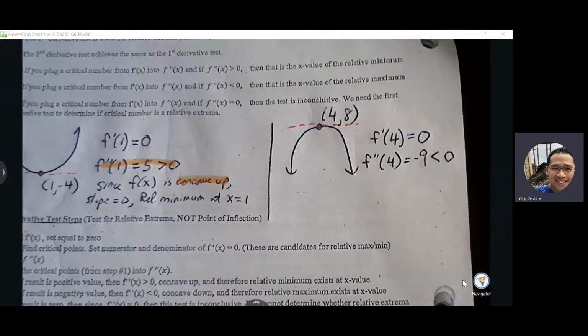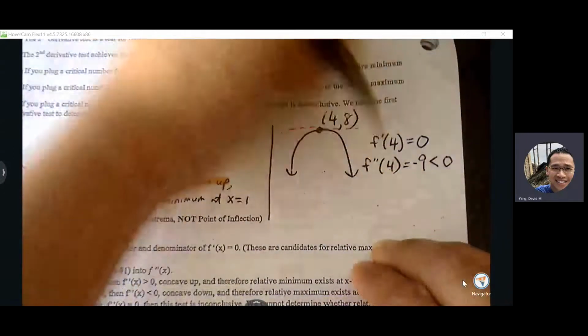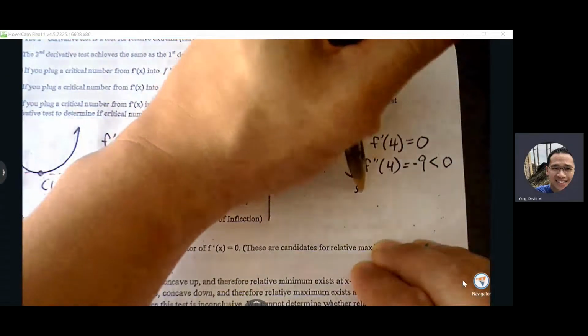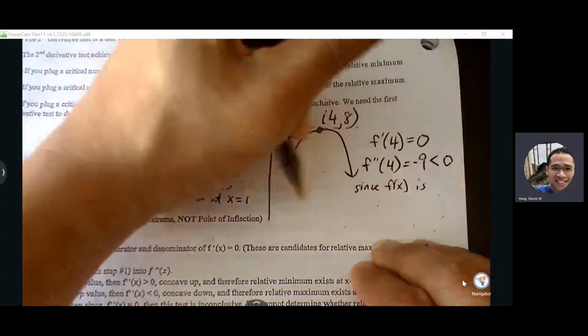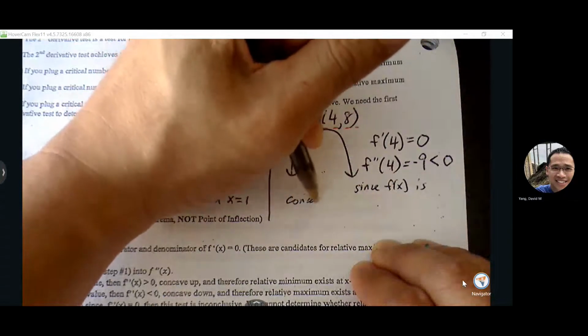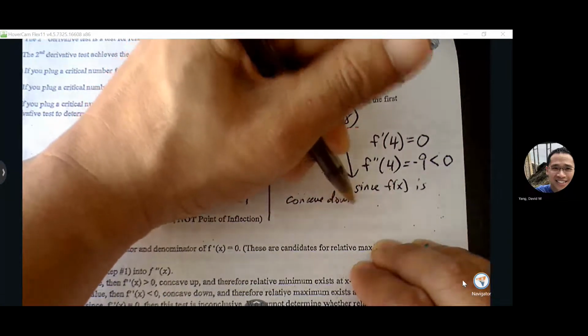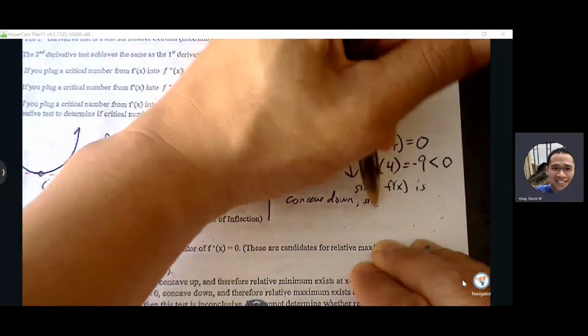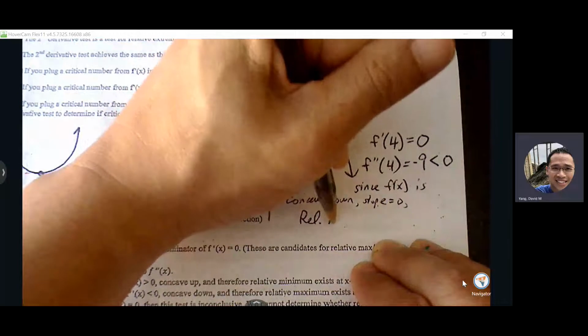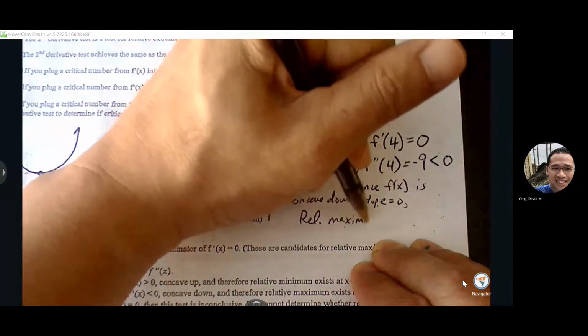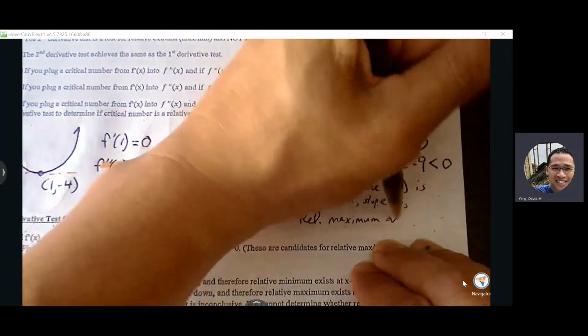So if you see a negative concavity value, that means the graph is concave down. So since the graph is concave down, and slope is 0, there must be a relative max at x equals 1.